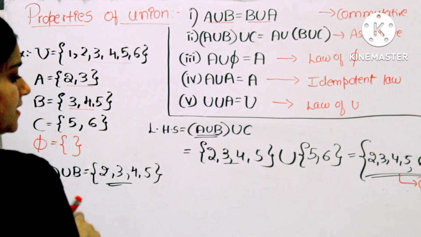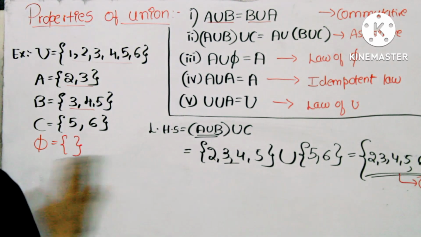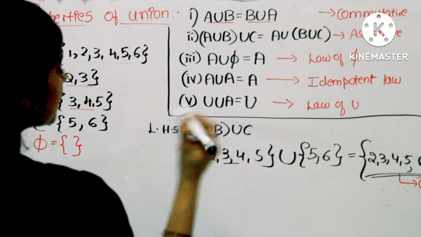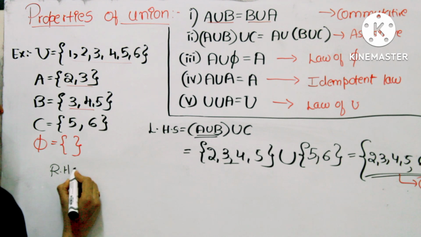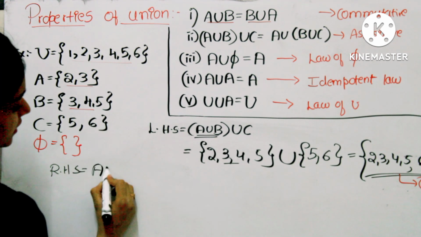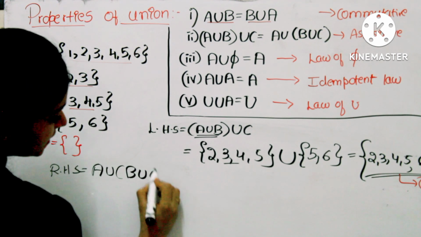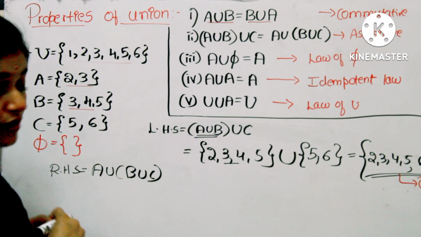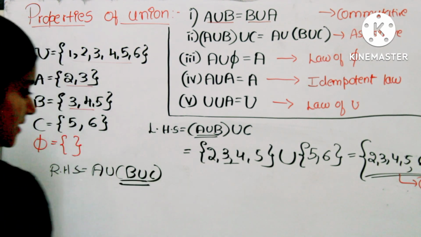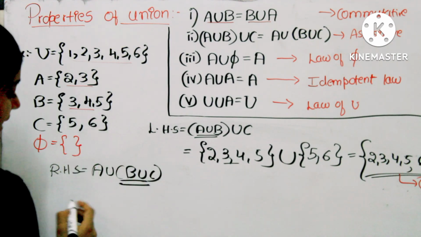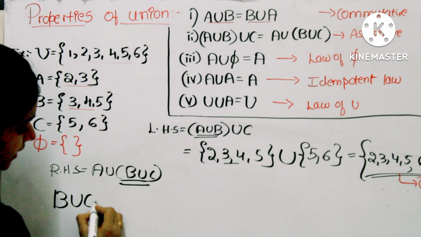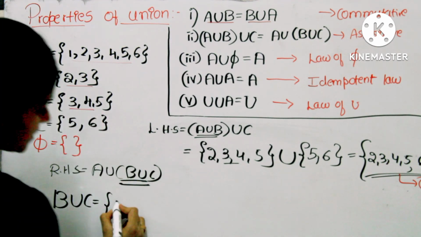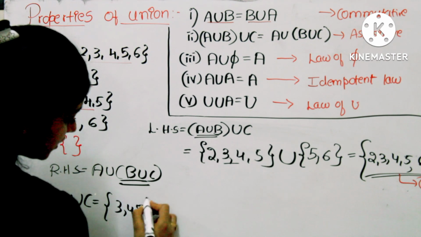Next is RHS. So what is RHS? RHS is A union (B union C). To find this, first we have to find B union C. First we should solve in the bracket. So B union C, what we get? What is B? B is {3, 4, 5}.